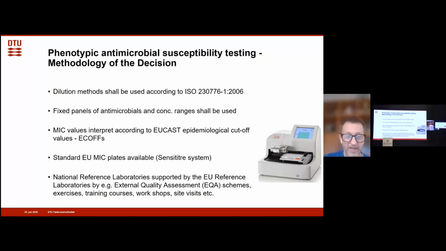In addition, it also indicates that the national reference laboratory should be supported by the EU reference laboratory for external quality assessments, so EQA schemes, exercises, training courses, workshops, site visits, etc. So all of this is described in very much detail in the legislation, how the national reference laboratory should conduct the monitoring or the surveillance of AMR in food and animals in the EU.